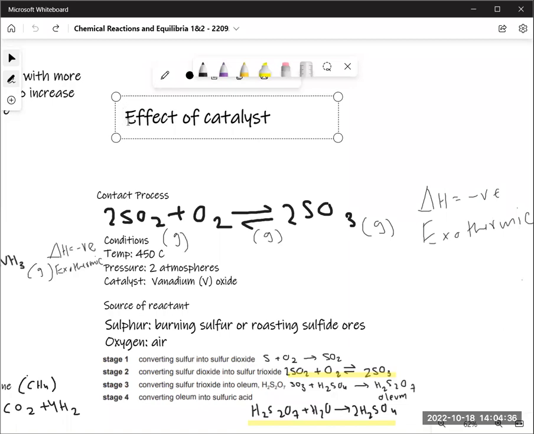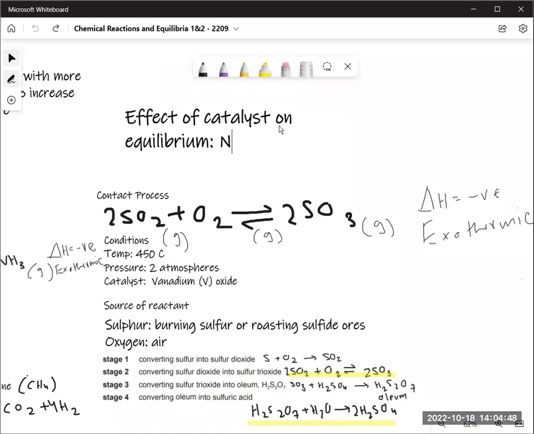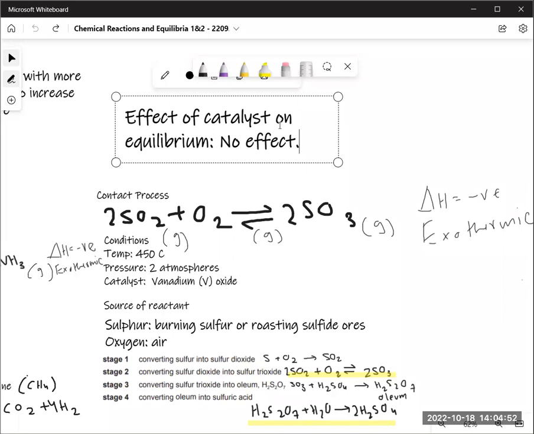Effect of catalyst on equilibrium. All you need to write is: no effect, but speeds up reaction.